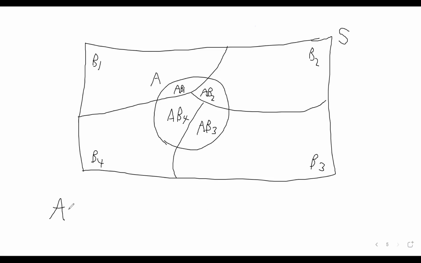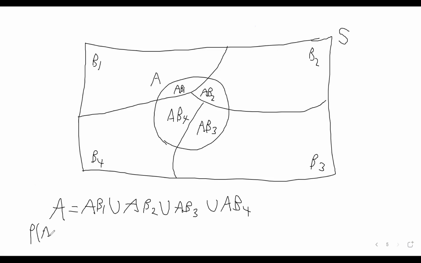So A is a union of the mutually exclusive events AB1 union AB2 union AB3 union AB4. And not only is A the union, they're mutually exclusive. So the probability of an event A, if the event is a union of mutually exclusive events, is the sum of the probabilities of those events.